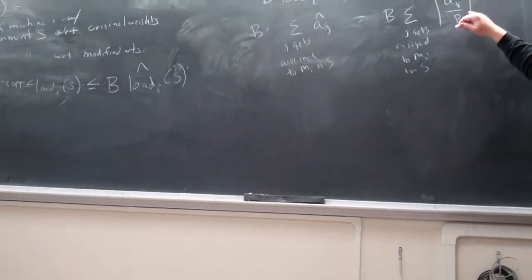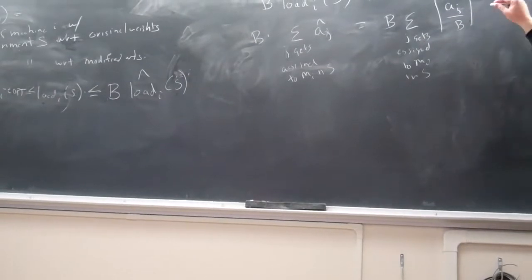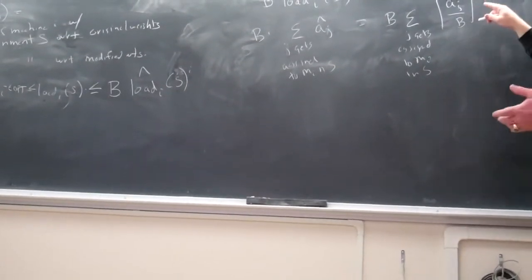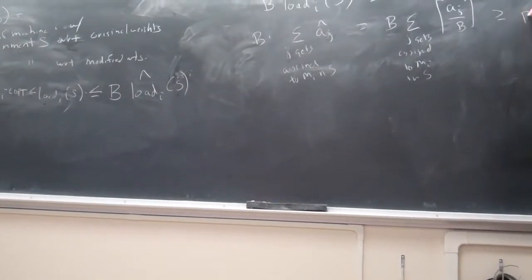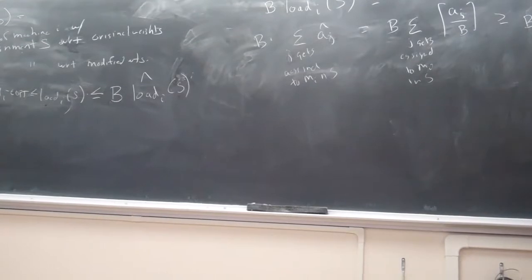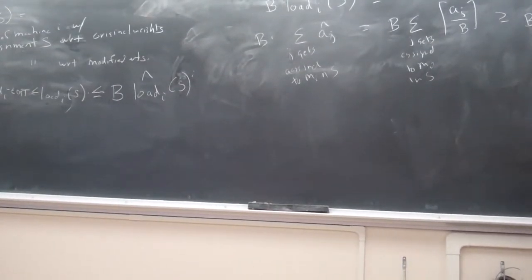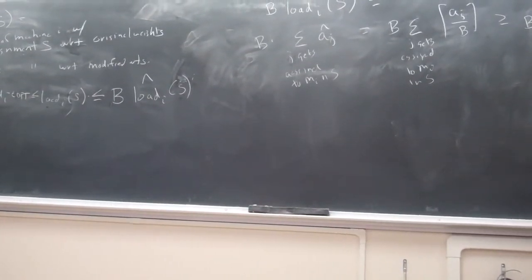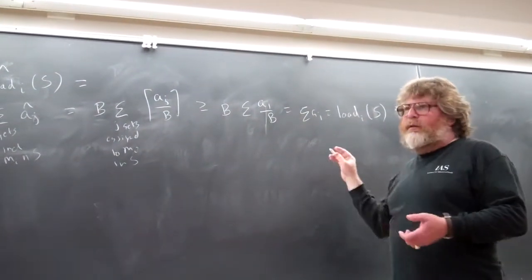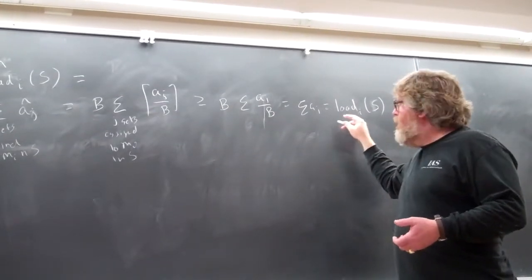Okay. Rounding up only makes things bigger, so that's bigger than B times the sum of A_j over B, which equals the sum of A_j, the load of the same machine in the original, with the original weights.